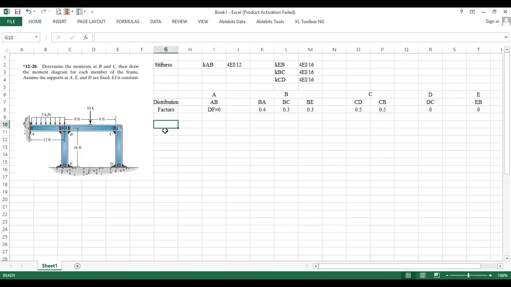So the fixed moments, then. At A, you have MF AB, right?